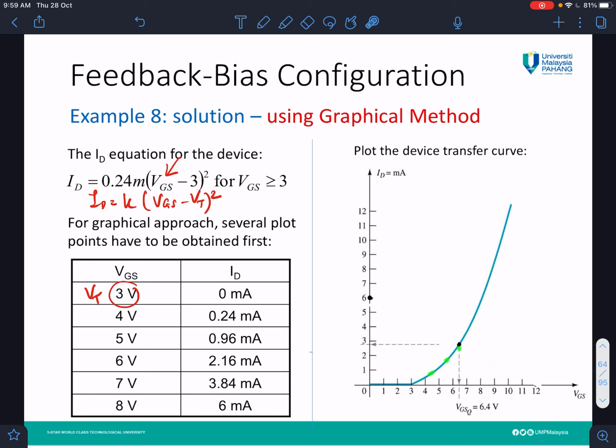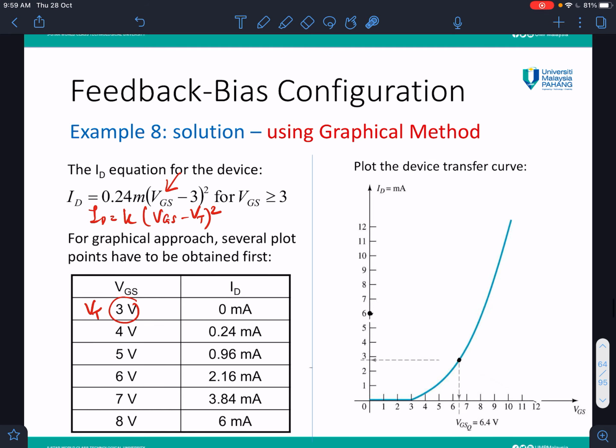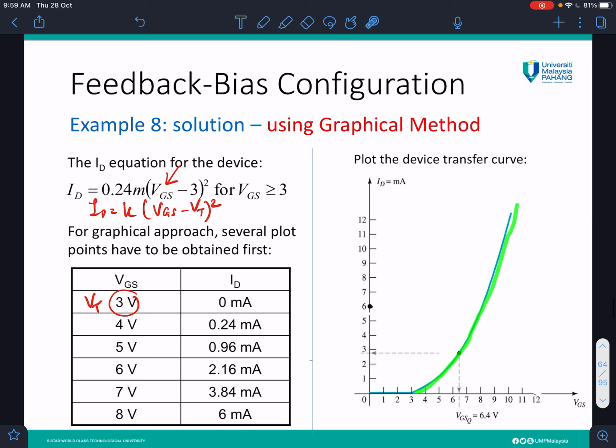So when you plot these points, you get this curve. At least you need to choose around 5 points, so that you can get the curve nicely. After that you plot this curve.